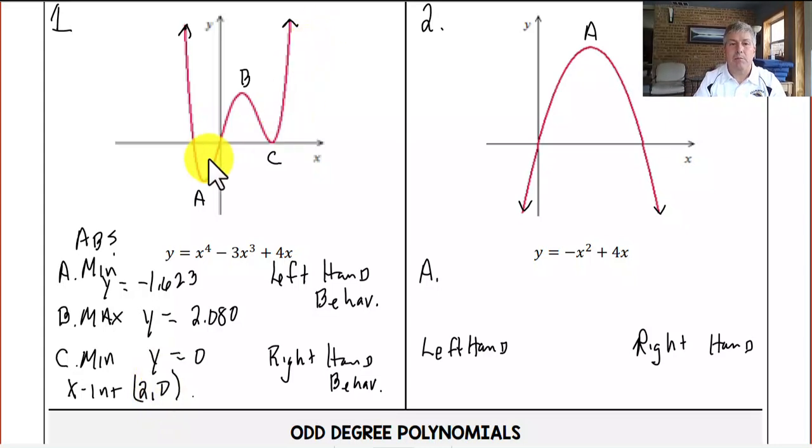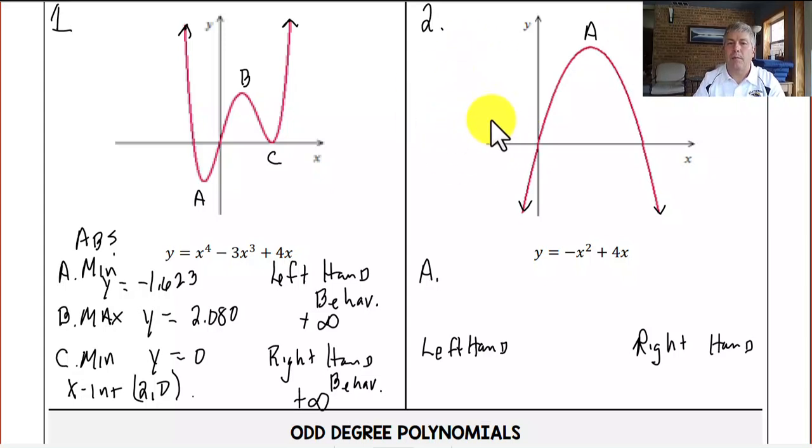Our left-hand behavior, as x's are going more and more negative or proceeding to the left, our graph is heading towards positive infinity. So we'll call that positive infinity for our left-hand behavior. And then our right-hand behavior also is positive infinity. And as we said, with even degree polynomials, our end behavior is the same for both left hand and right hand.